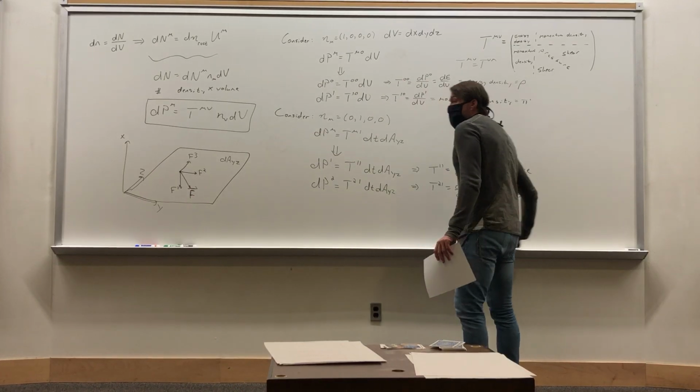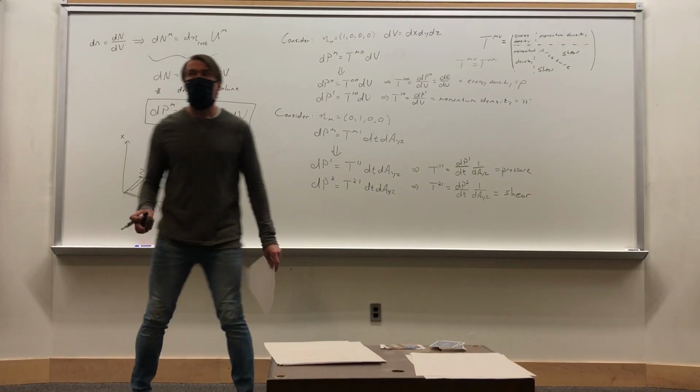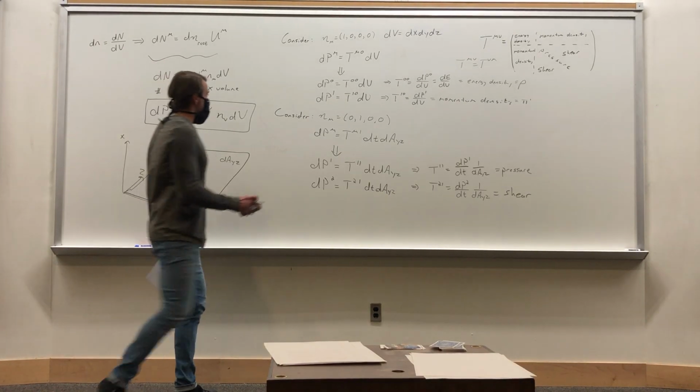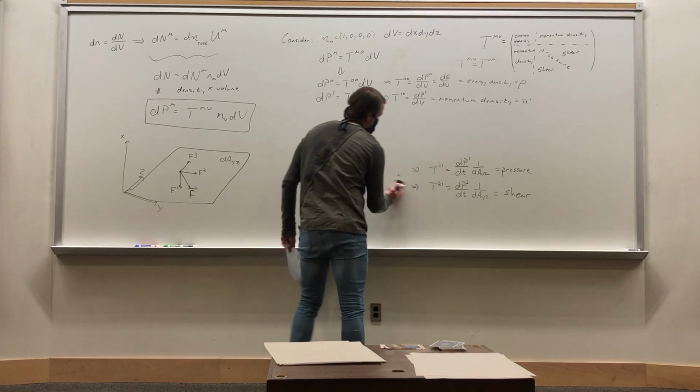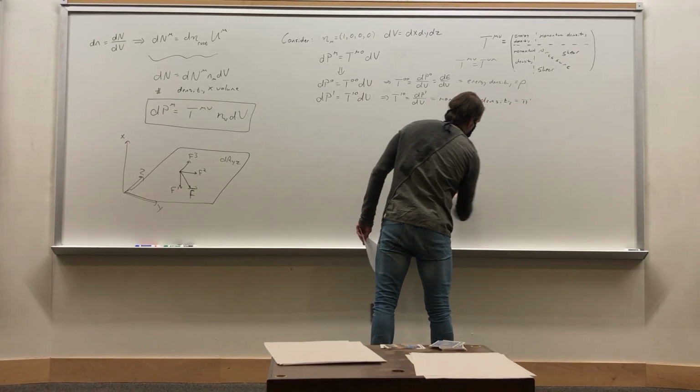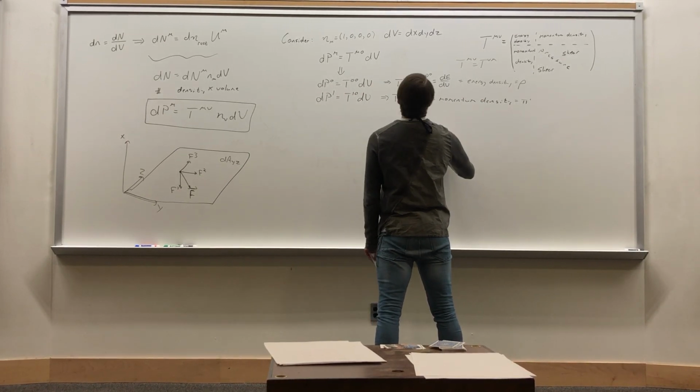So are there any questions about this process before we move on? All right, good. Here we go. So now I want to very quickly show you a bit of a trick.